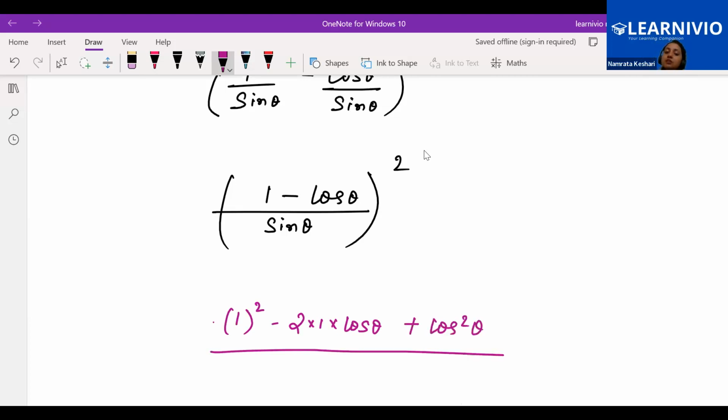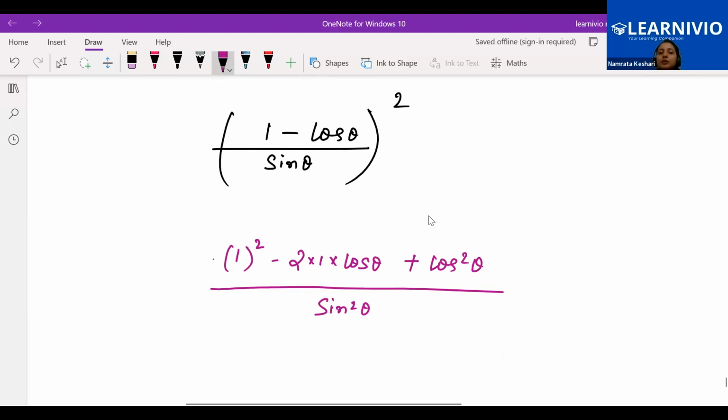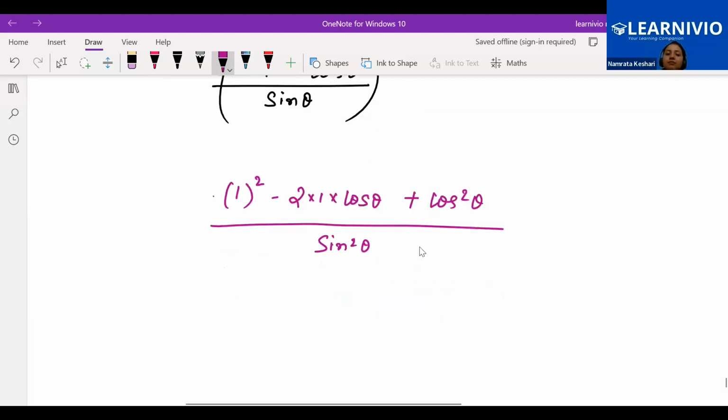And the denominator will also take its power, sine square. The power 2 which we are having, numerator will take the power, denominator will take the power. Now we'll be having in the numerator 1 minus 2 cos theta plus cos square theta, by sine square theta.